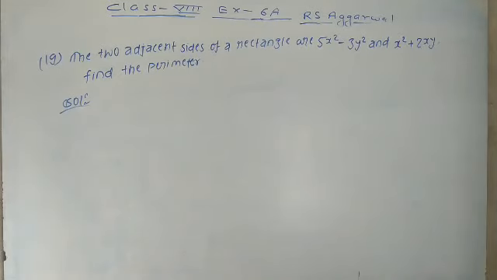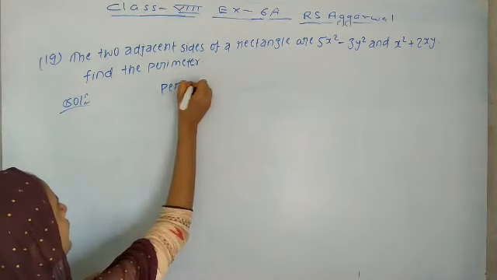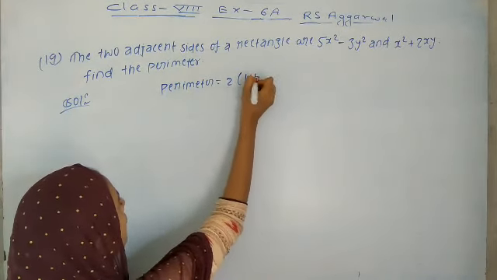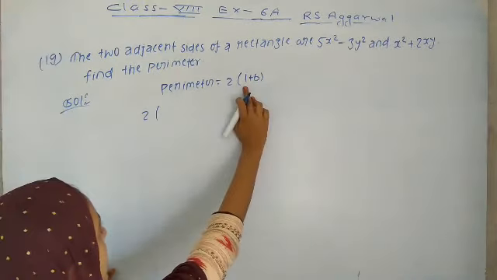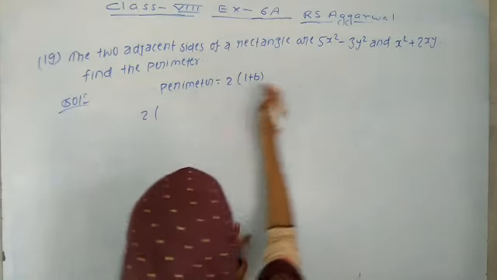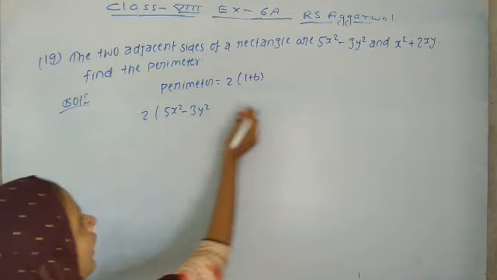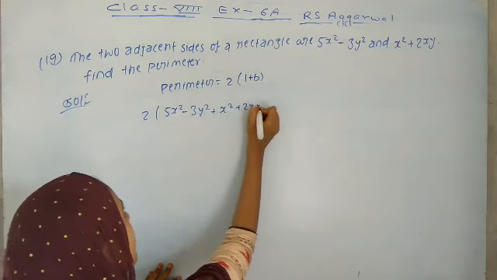Question number 19. The two adjacent sides of a rectangle are 5x square minus 3y square and x square plus 2xy. Find the perimeter. We know that perimeter is equal to 2 into (L plus B), length plus width. So it is a length and it is a width. So 2 into (5x square minus 3y square plus x square plus 2xy).